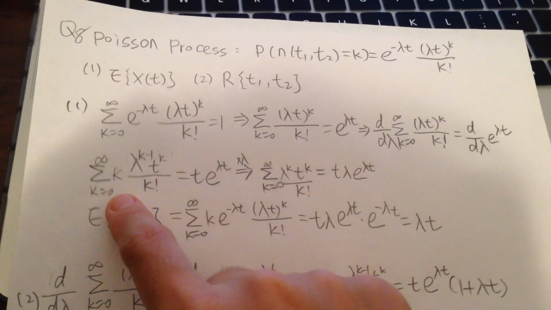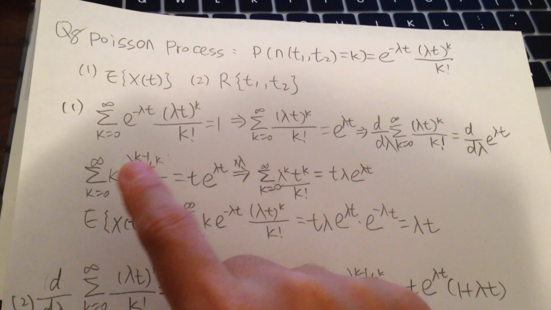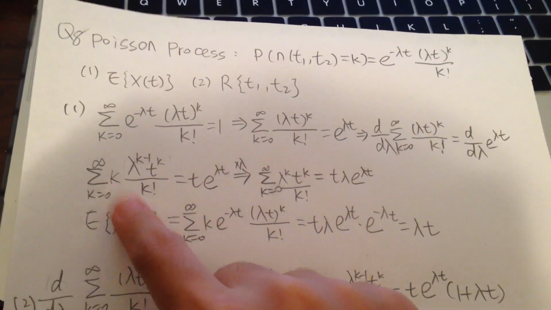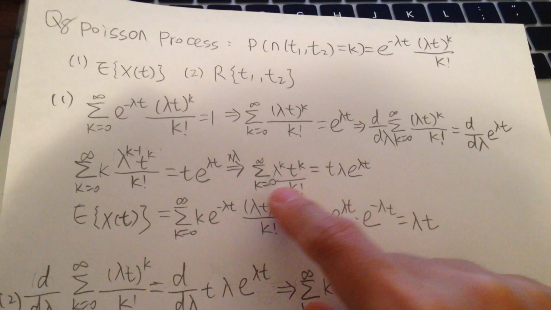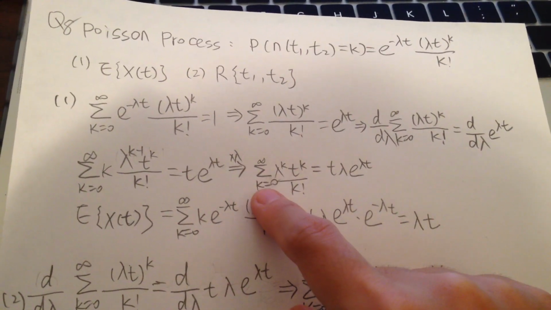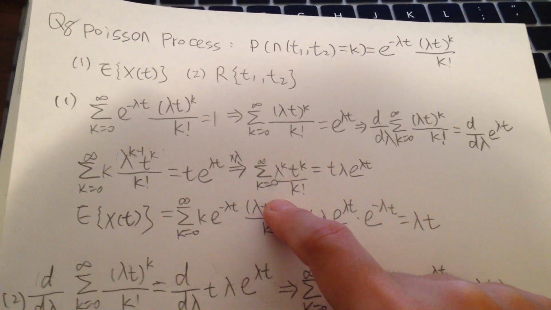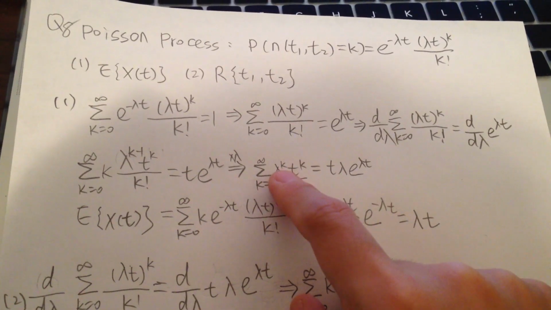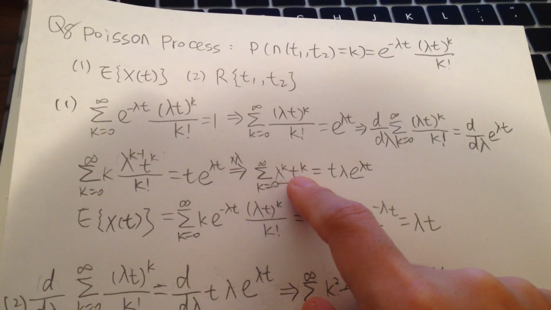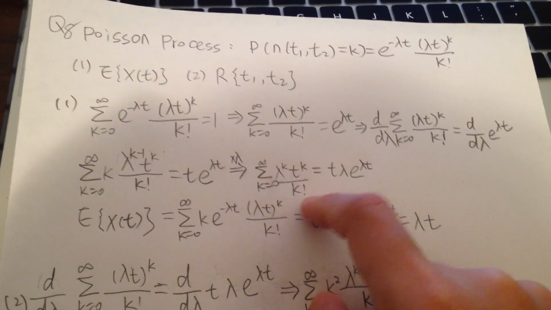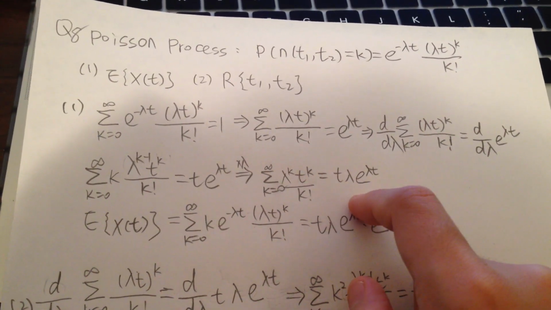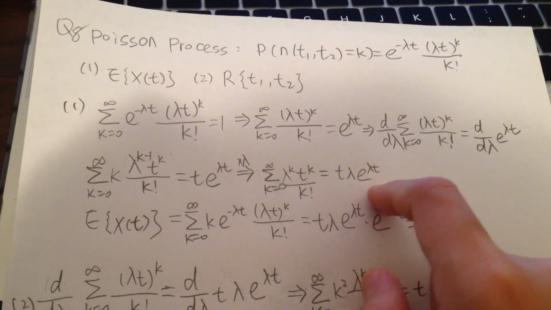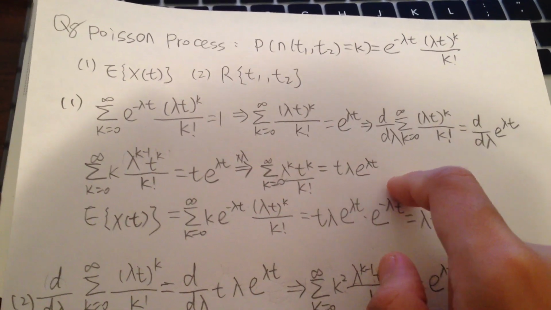If we multiply both sides by lambda, we get the sum of k from 0 to infinity of k times lambda to the power of k times t to the power of k divided by k factorial, equals t times lambda times e to the power of lambda t.